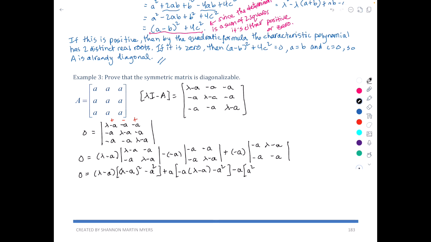We'll have minus and minus, so we'll get plus lambda minus A times A.